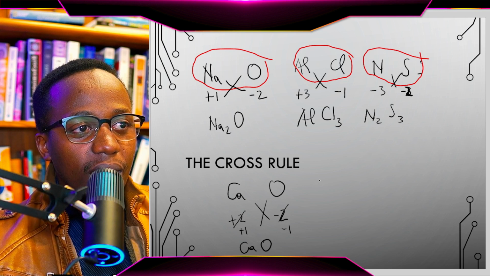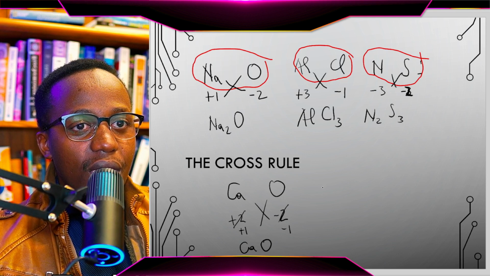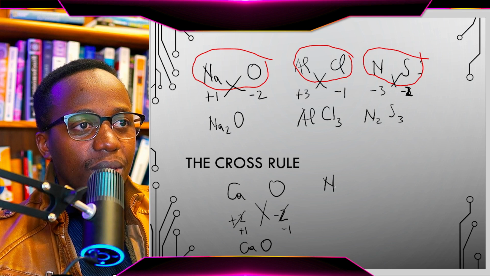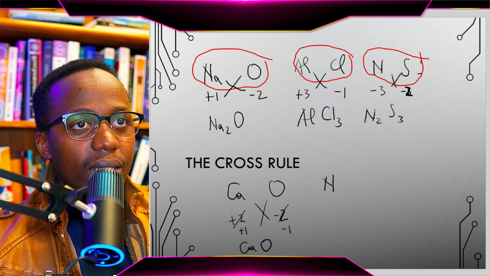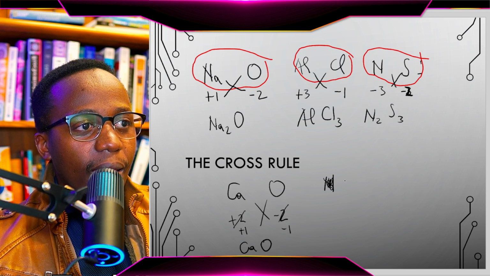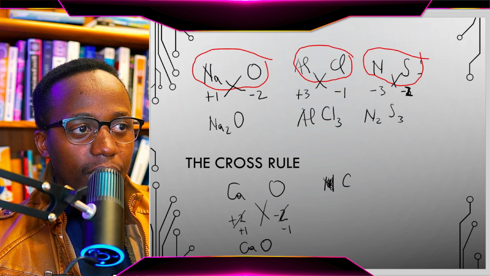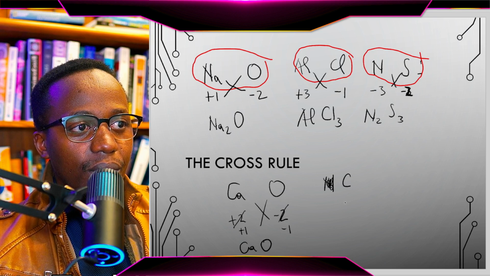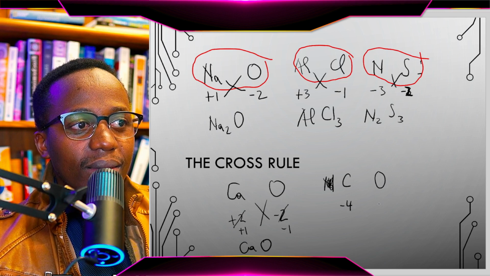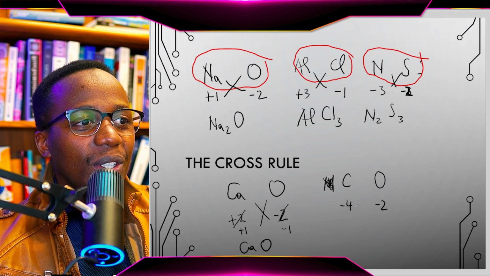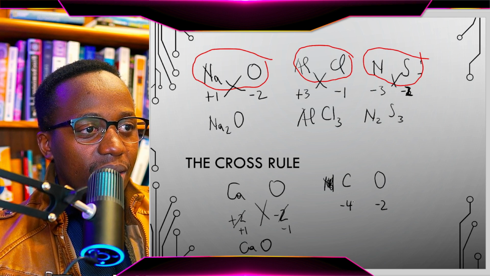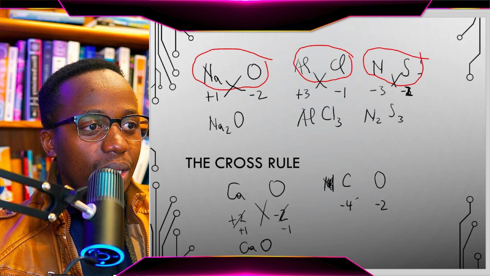Another example is if you can simplify them. What do I mean by that? Let's say carbon is -4. Oxygen is what? It's -2. So it's 4 and 2. But because you can simplify them, we do just that.